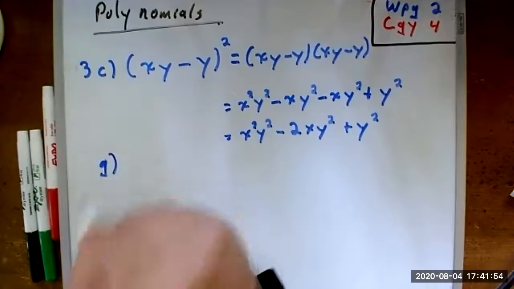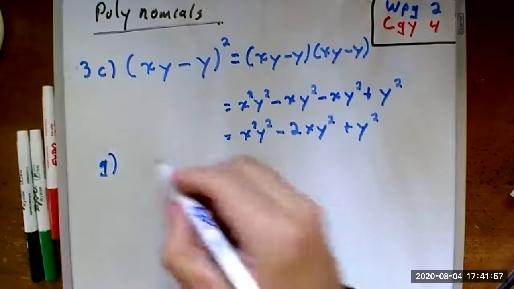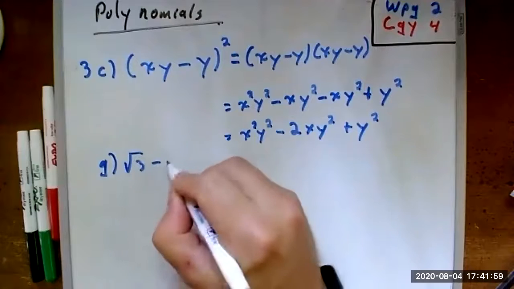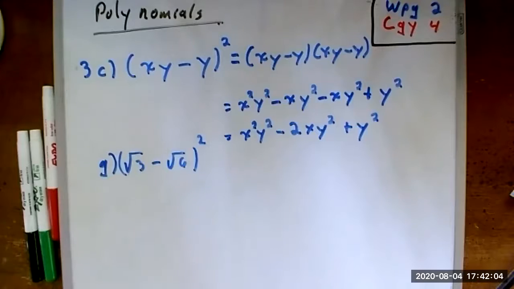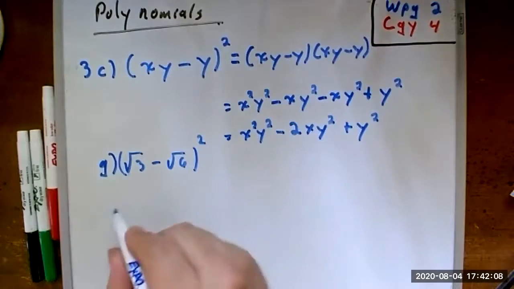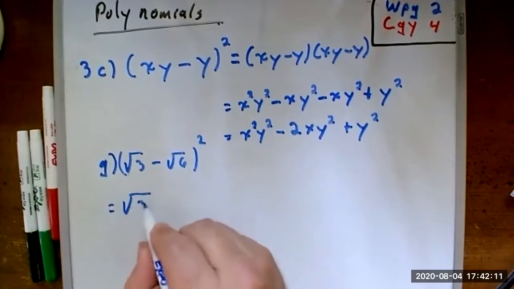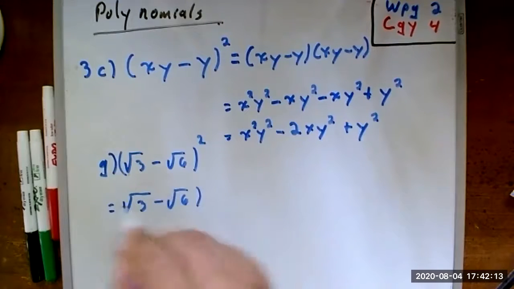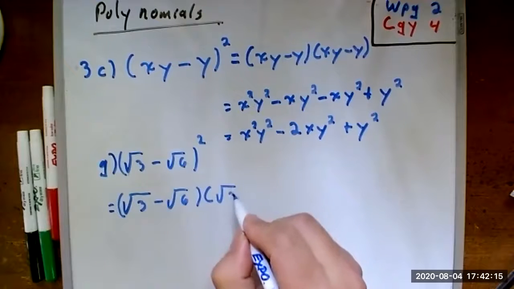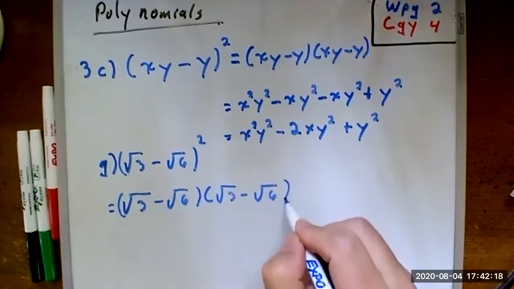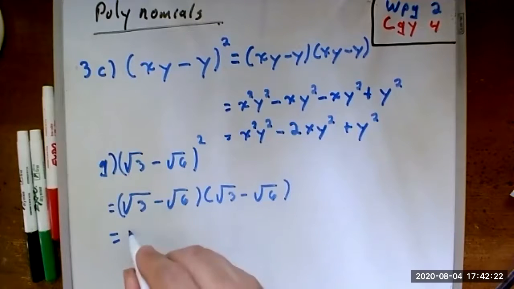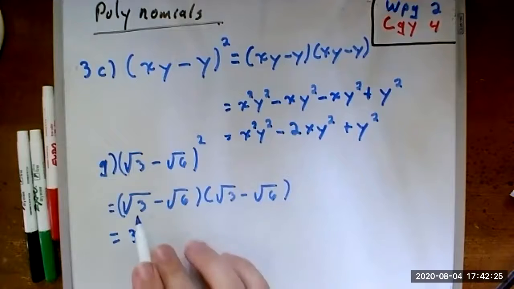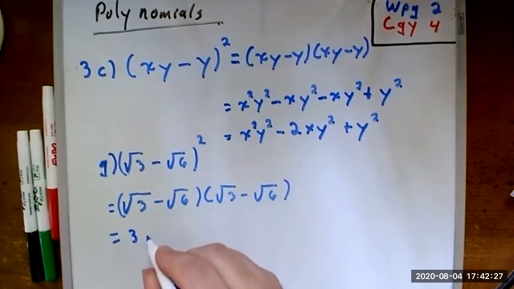I think I was also asked for G in this same grouping, which in this case happens to be root 3 minus root 6 all squared. So this becomes root 3 minus root 6 times root 3 minus root 6.